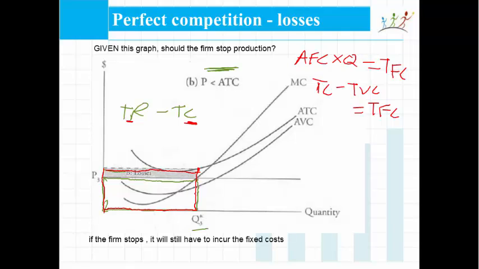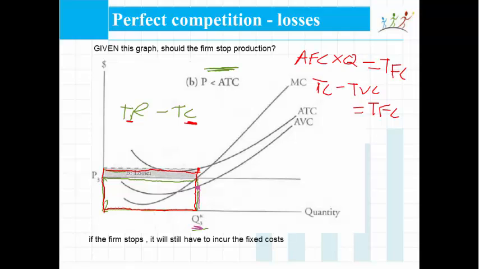The red triangle represents the total costs. What is the variable cost at this point? Let's use the pink shade to represent the variable cost at a quantity of Q3. The average variable cost comes out to be this point. So what will be the total variable cost?